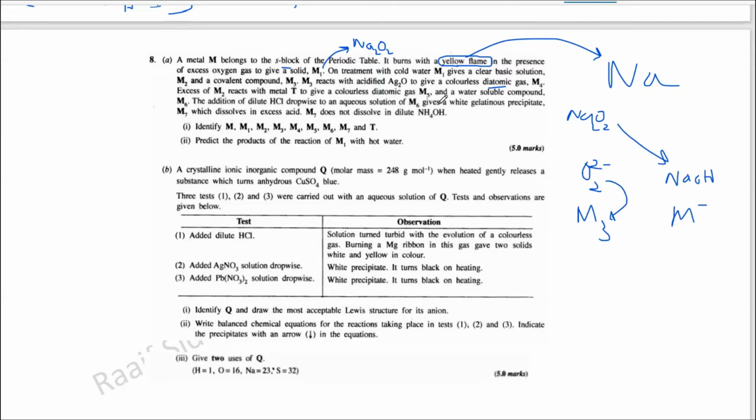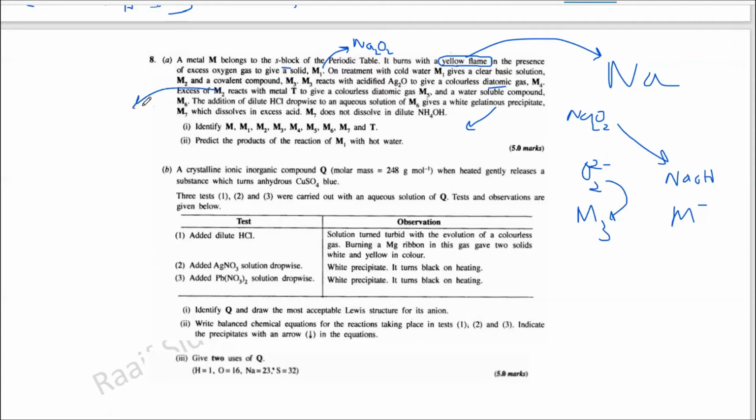It is a water-soluble compound. The addition of HCl dropwise to an aqueous solution of M6 gives a white gelatinous precipitate. You already know what that white gelatinous precipitate is. M2 reacts with metal T. What is M2 here?